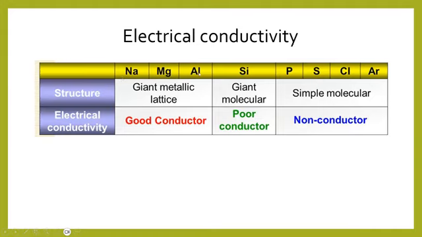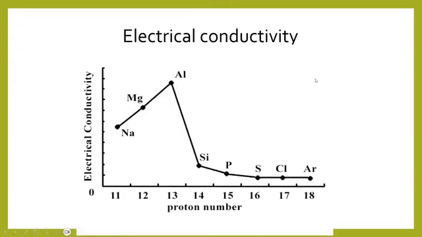Better and better and better because more electrons in the delocalized sea of electrons. Silicon, they're all locked up, so it's a poor conductor, and these guys, they're completely locked up, so they are not conductors. So there it is. Good, better, best, not very good, rubbish.